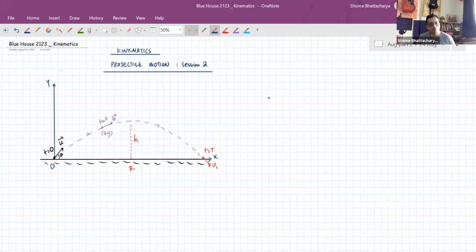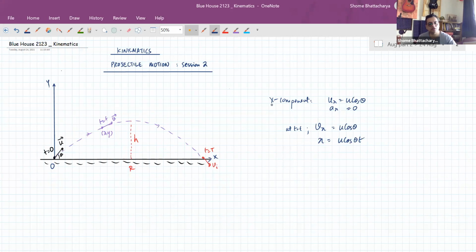Along the x component, the initial velocity is u cos theta and the acceleration is 0. So the x component of velocity at any time t is constant because there is no acceleration, and the x component of displacement becomes u cos theta t.